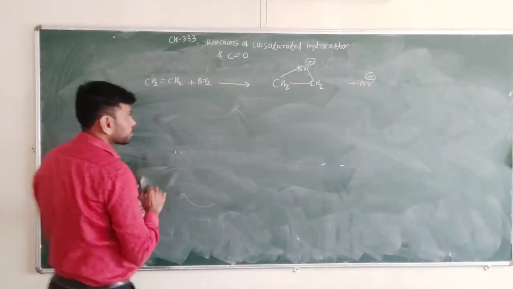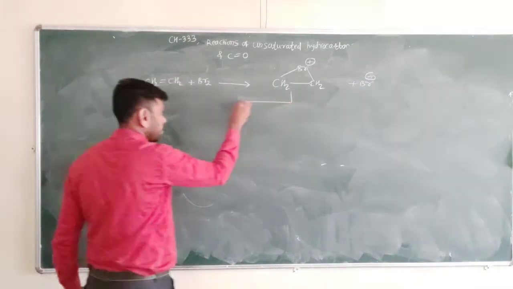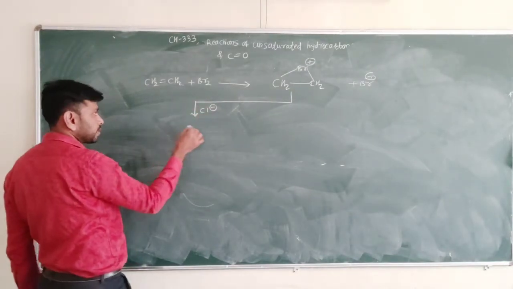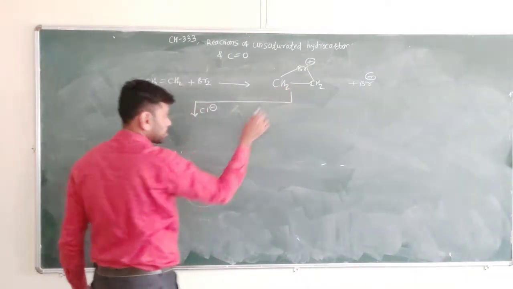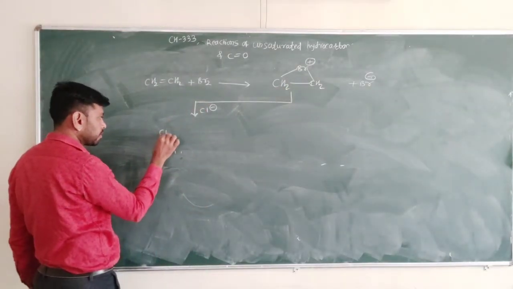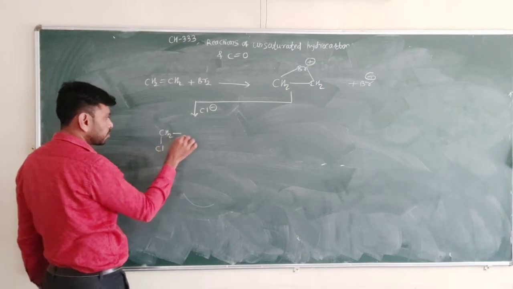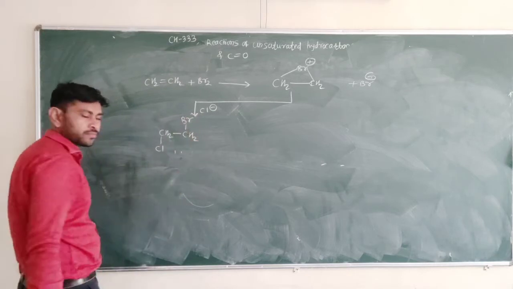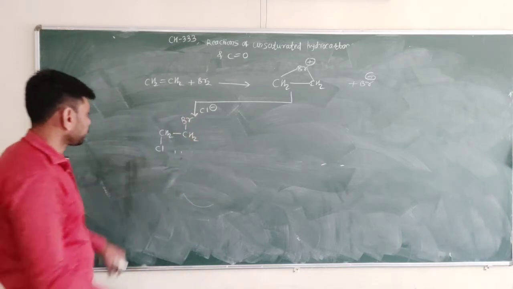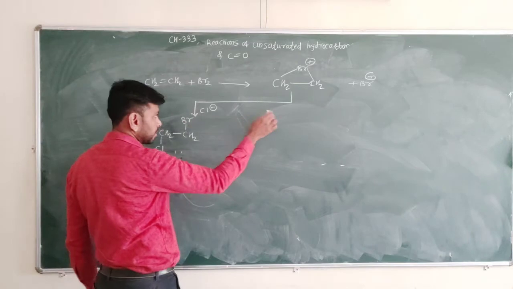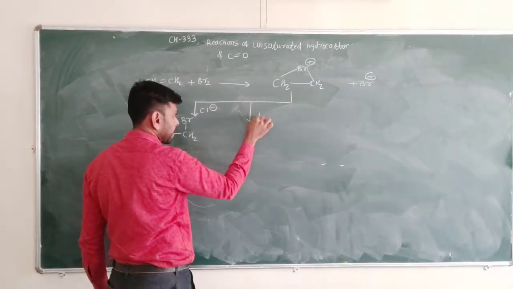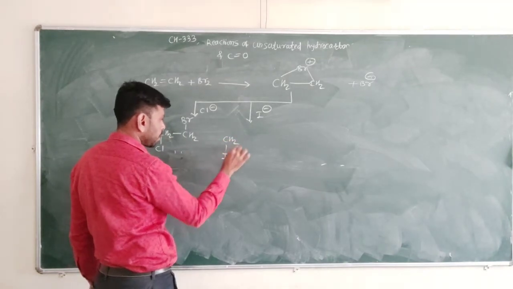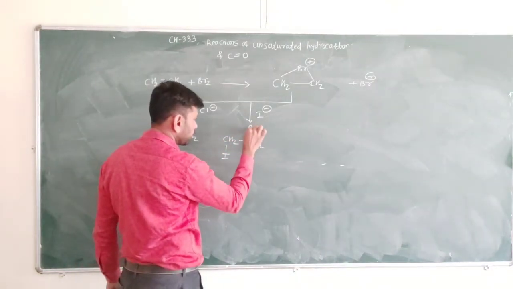Now if we add Cl minus in this mixture, we get opening of the ring by Cl minus, so we get CH2Cl CH2Br, bromochloroethane. If we add iodide, then iodo-bromoethane is also obtained, CH2I CH2Br.